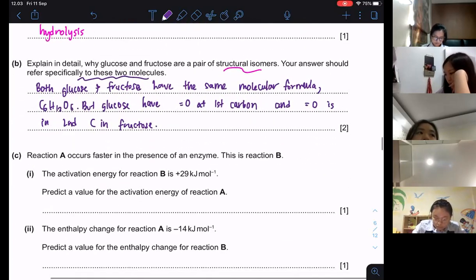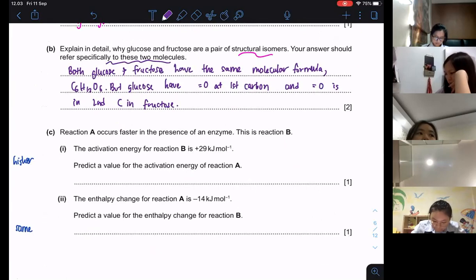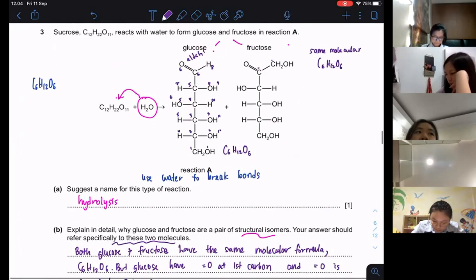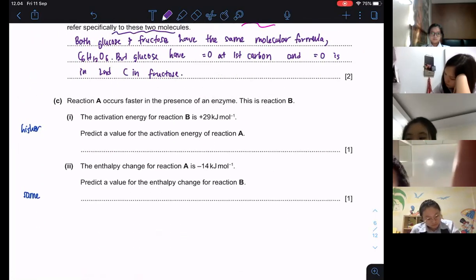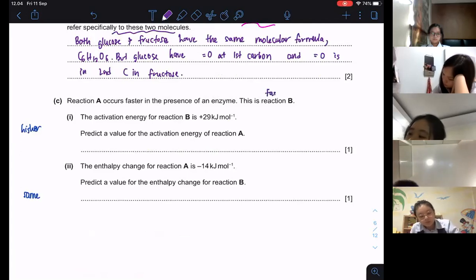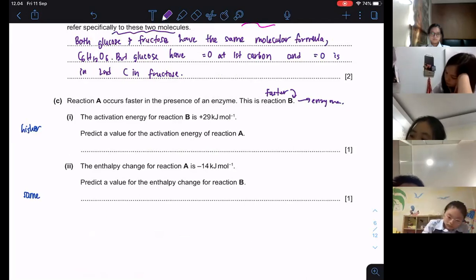Reaction A occurs faster in the presence of enzyme. So what is actually reaction A? They say if you have enzyme, then it's going to be faster. In this case, they didn't say it's with enzyme. If you have enzyme, it's going to be faster. So the faster one is reaction B, which is with the enzyme. Now, activation energy for reaction B is plus 29.